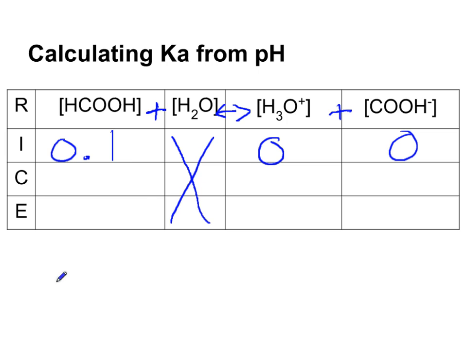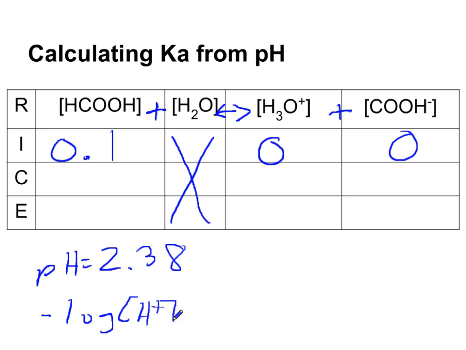Now, the other piece of information they told us was that the pH was 2.38. That means the negative log of the hydrogen or hydronium concentration was 2.38. So to solve for the equilibrium concentration of the hydronium ion, we're going to use something called an antilog.